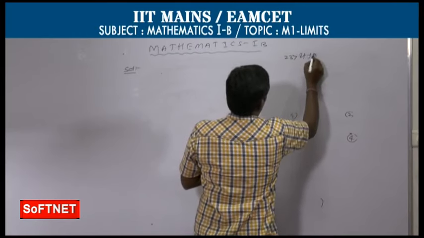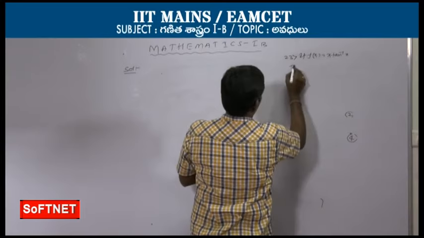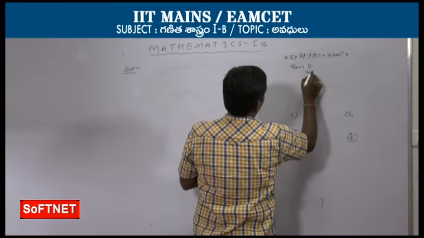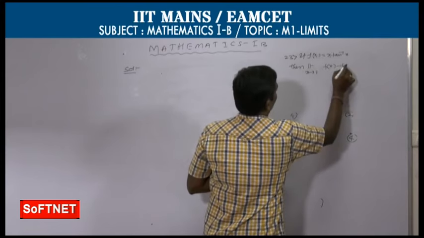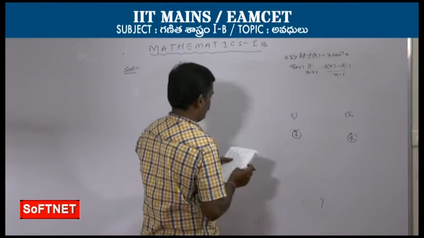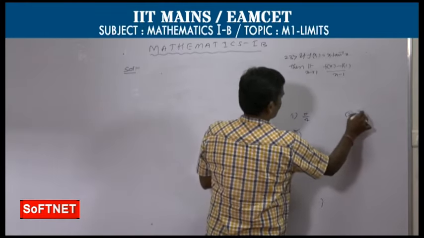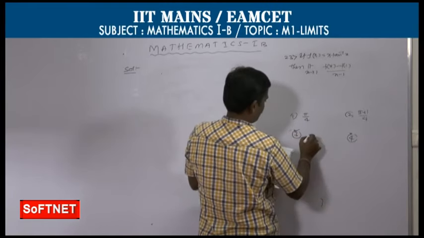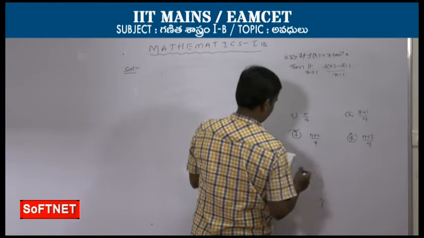If f of x equals x tan inverse x, then limit x tends to 1, f of x minus f of 1 by x minus 1. Options are pi by 4, pi plus 1 by 4, pi plus 2 by 4, pi plus 3 by 4.